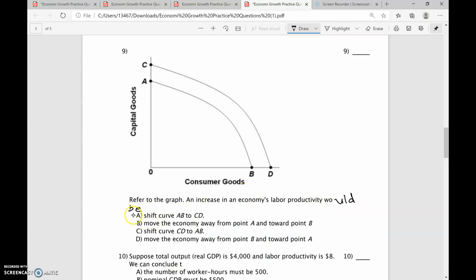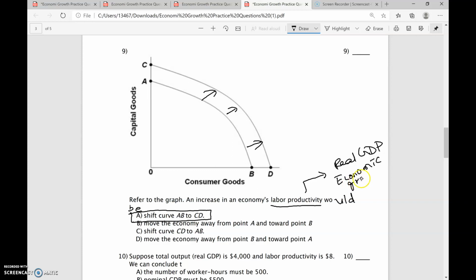This is going to shift the production possibility frontier from AB to CD. Remember, labor productivity increases real GDP. If real GDP increases, this means economic growth has gone up.